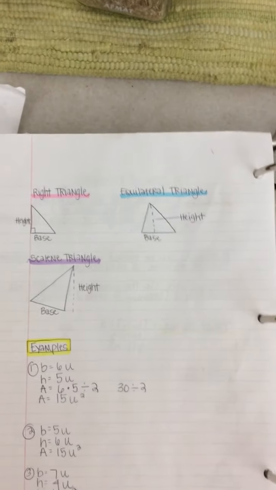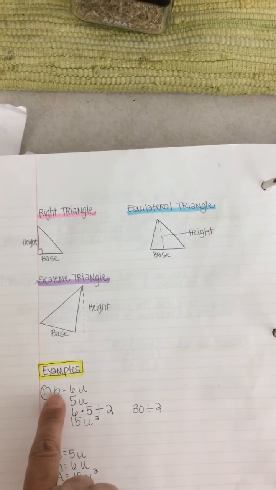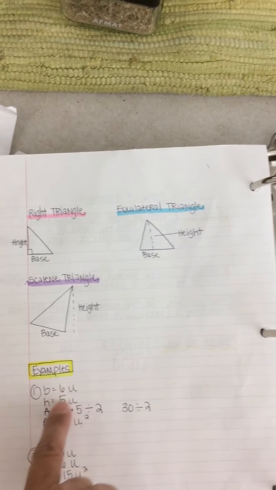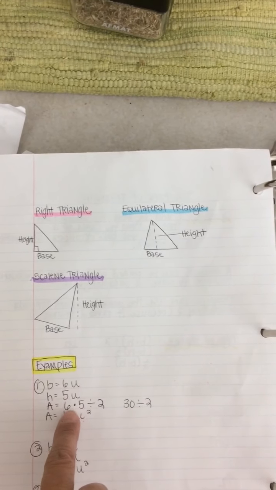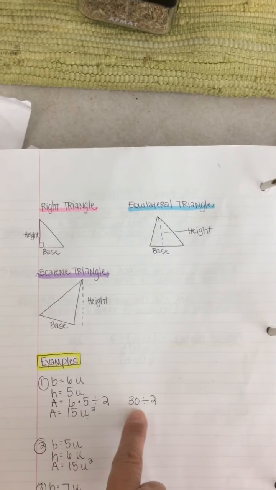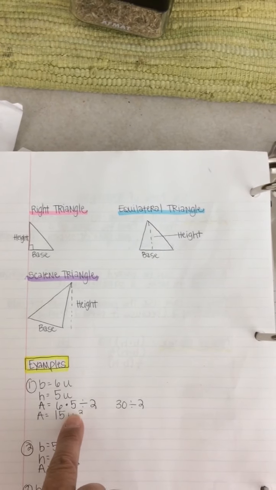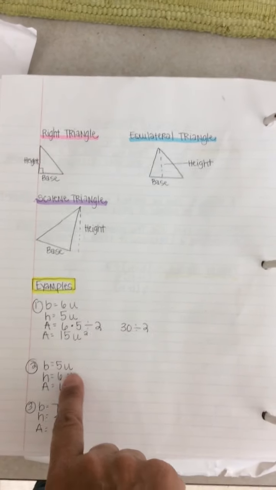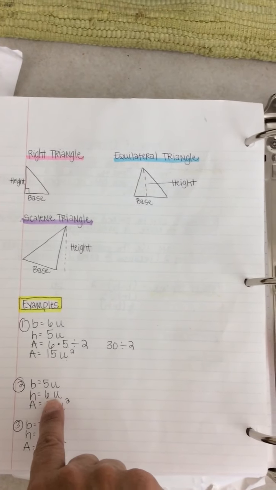Then we just have a couple of examples without pictures. If I give you a triangle with a base of 6 units and a height of 5 units, the area is going to be 6 times 5, and then we divide that by 2. So 30 divided by 2 gives us 15 units squared. In our second example, the base is 5 units and the height is 6 units.